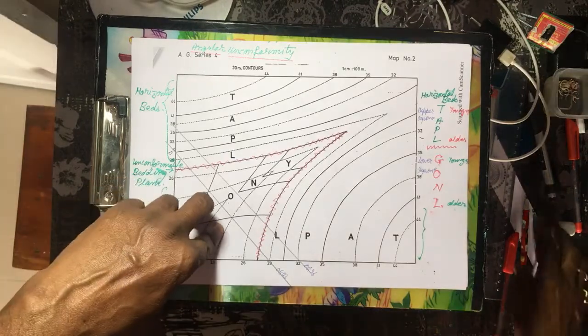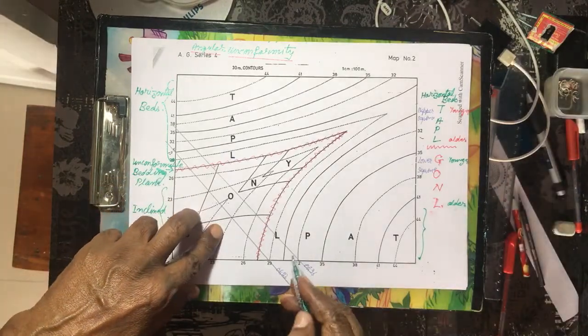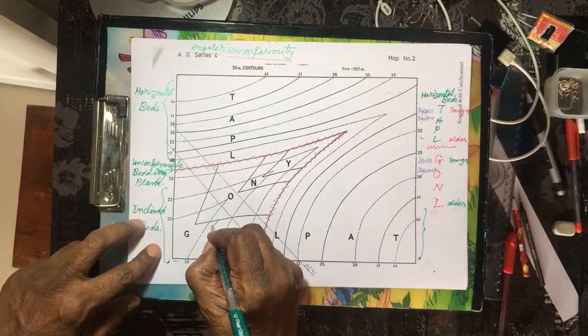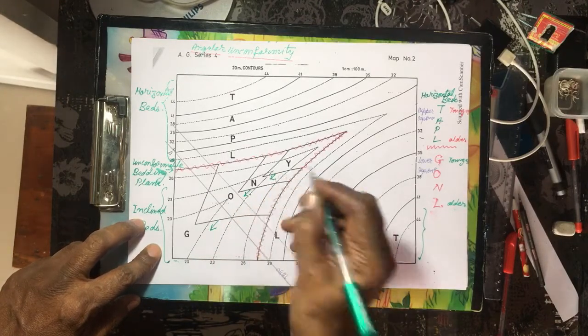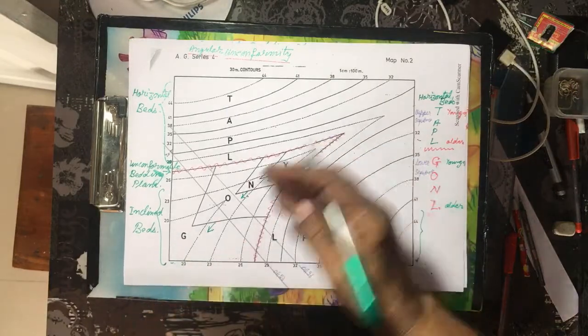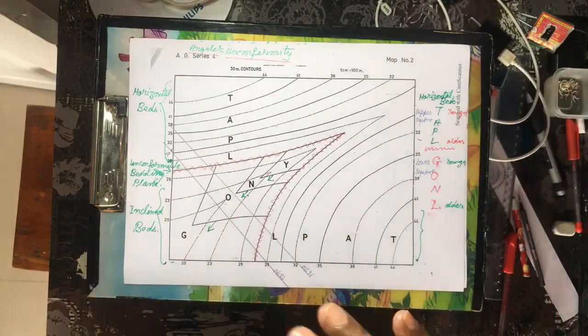So bedding planes are dipping from the higher strike line towards the lower strike line. They are dipping towards this direction. All bedding planes are dipping in this direction. So this is the direction of the dip.